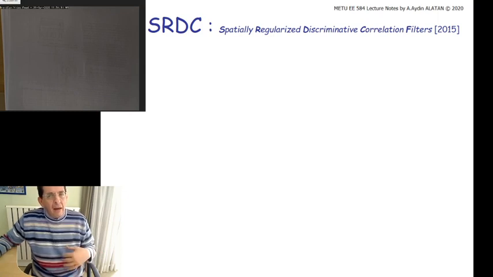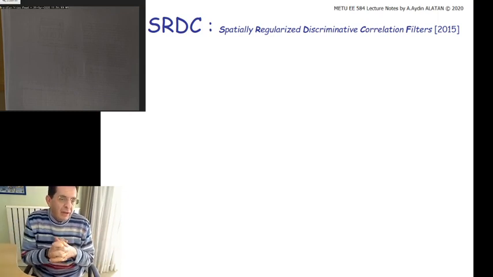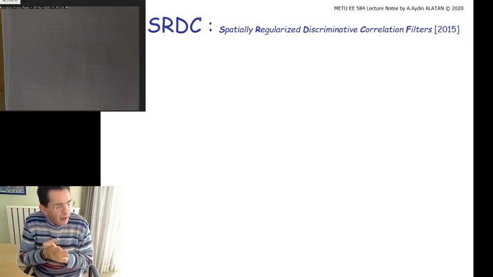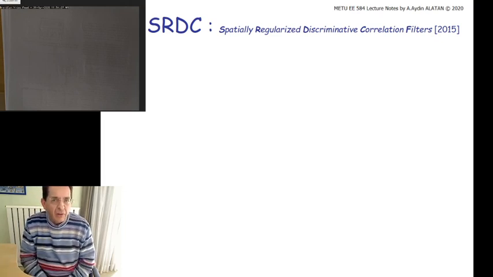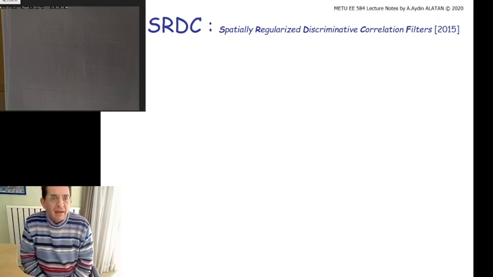Now, in 2015, the people from Linköping University, led by Martin Danelljan, came up with a different algorithm called spatially regularized discriminative correlation filters in 2015, in short SRDCF. They attacked another very fundamental problem.